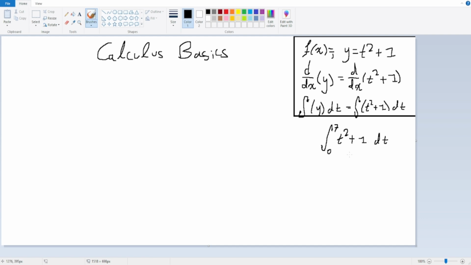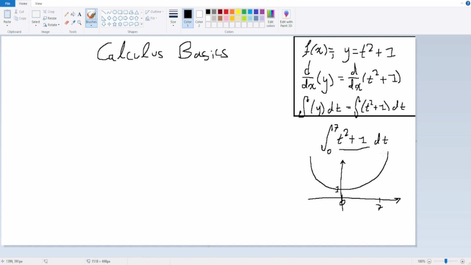It is the integral of this function within the range 0 to 7. So t squared plus 1 is a function that looks like this. This here is 1. And then the integral is from 0 to 7 in this range. It is the integral of this function.